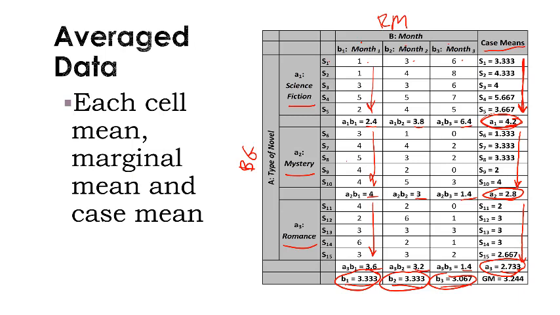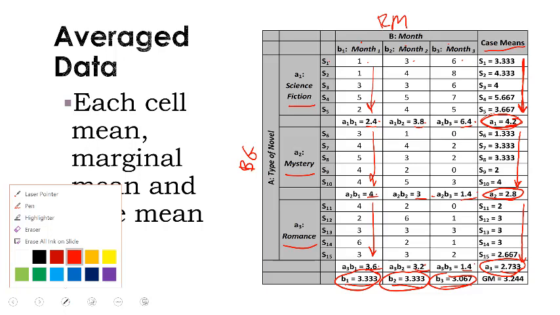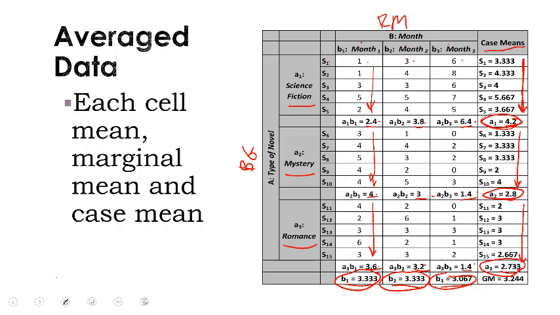So I'm taking each of the cells here: 2.4, 3.8, 6.4, 4, 3, 1.4, 3.6, 3.2, 1.4. I'll change colors here. So now I'm talking about each of these cells. Each cell mean around the grand mean.